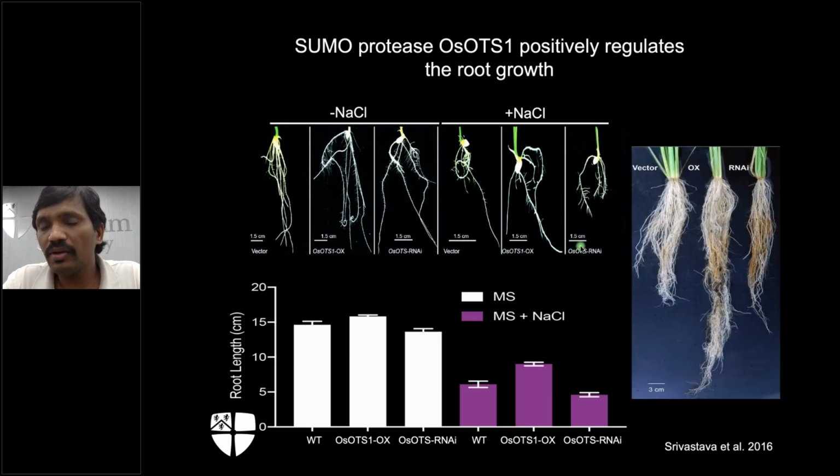And not only that, when you grow the RNAi or overexpression lines in normal condition at the seedling stage, we didn't see any difference. But in normal condition, when we grow them in pots in soil, after 45 days we have seen a difference: the overexpressor is going much deeper than the RNAi line or vector control.